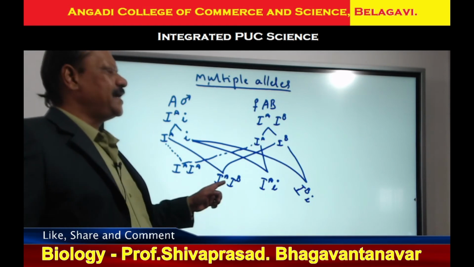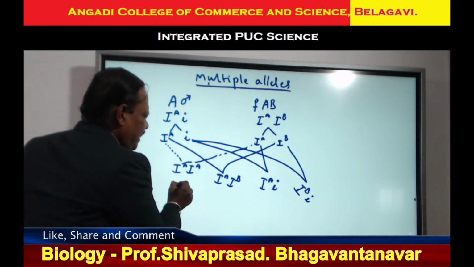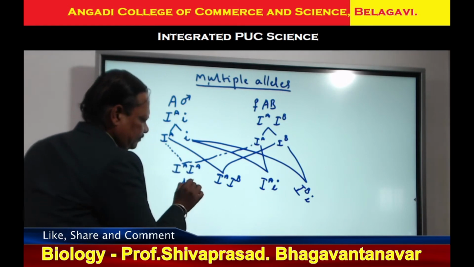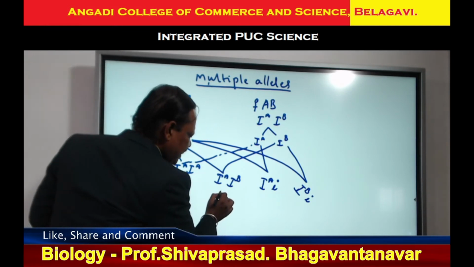Now correlate the genes with the blood group. IA is indicating blood group A. IA IB is indicating AB.